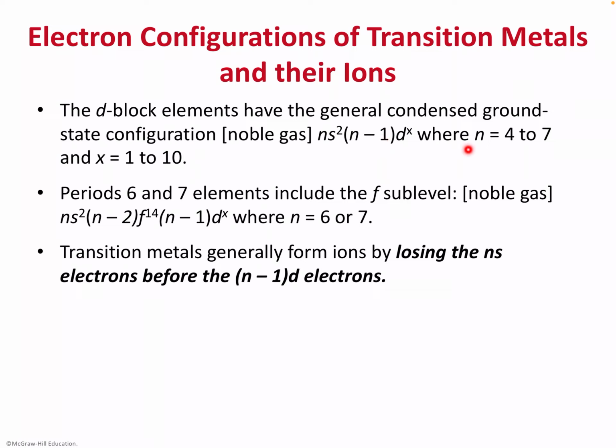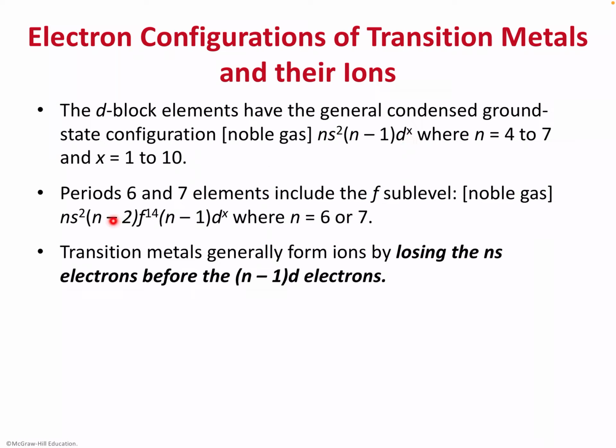Okay, so n is equal to 4 to 7. And x could be 1 to 10. Remember there are 5 d orbitals. Each orbital can hold up to 2 electrons. So 2 times 5 is 10. So d can go up to a maximum of 10 electrons, and the n value would be 4 to 7.